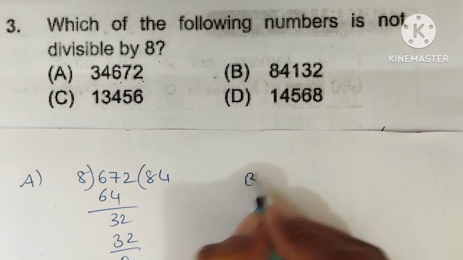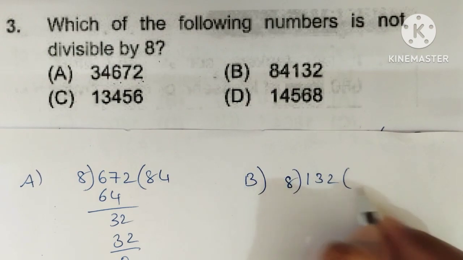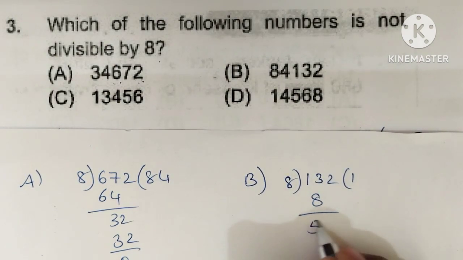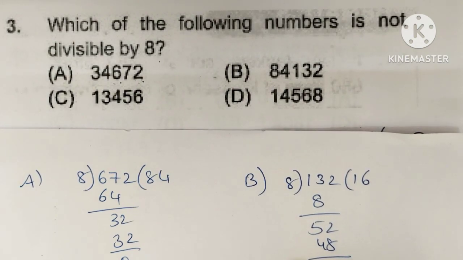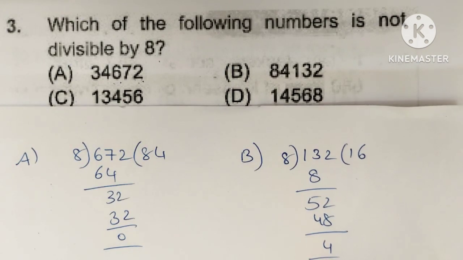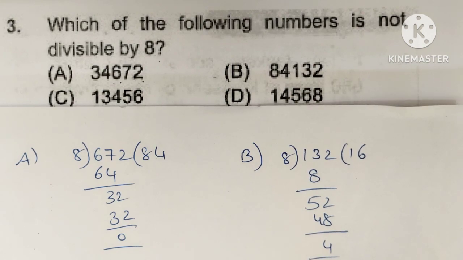Let us check option B, 132. 8 1s are 8, 8 6s are 48, and the remainder is 4. So option B is not divisible by 8. Let us check the remaining two.